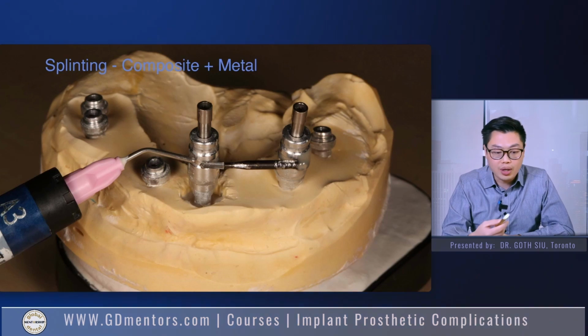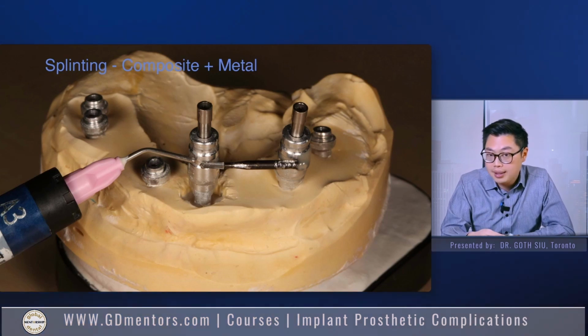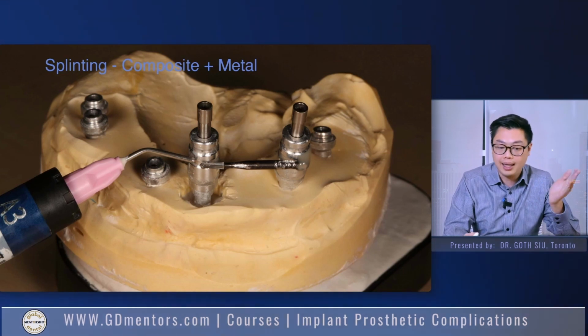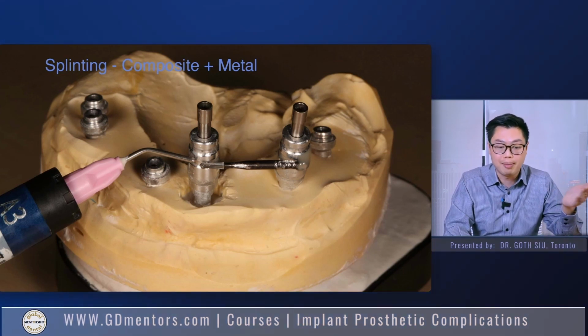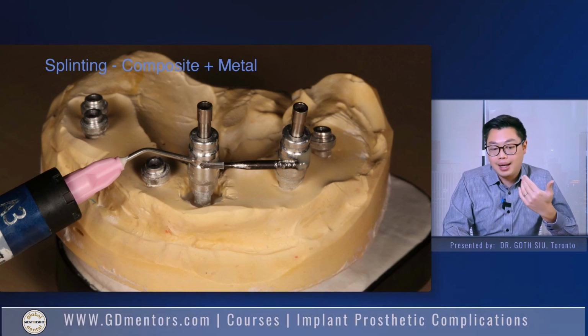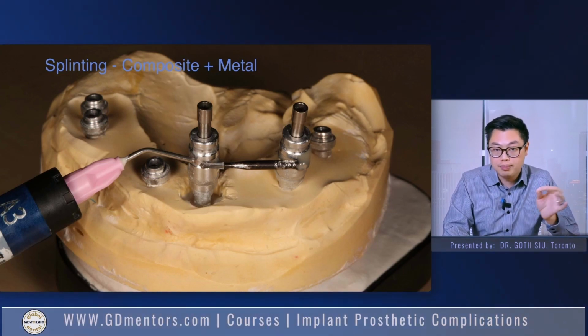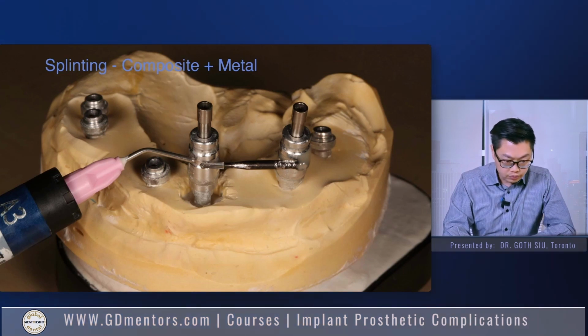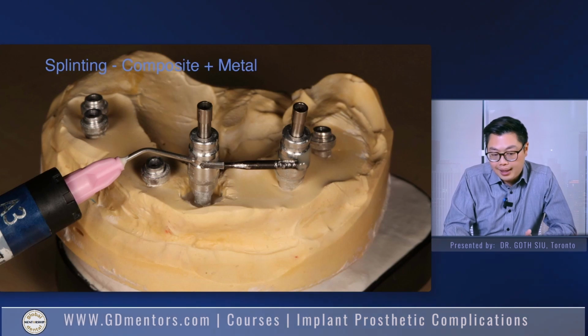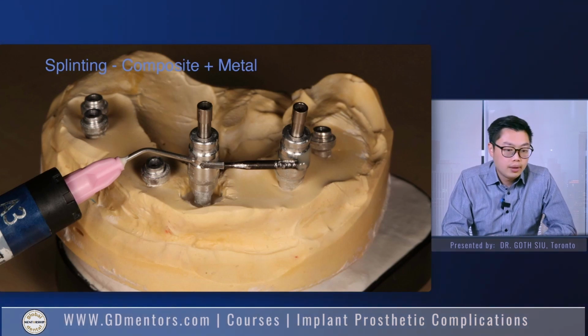What's a very simple, cost-effective way to splint things more accurately is to use things that don't shrink, aka old burrs, right? A metal burr is not going to shrink, and so I utilize composite to join burrs in the mouth. It's fast. Use a composite that has that shade that you never use.